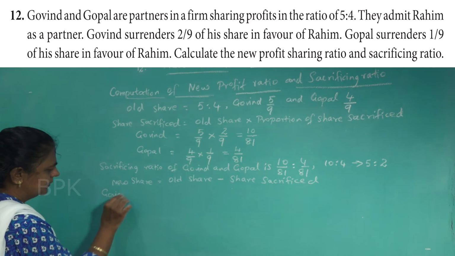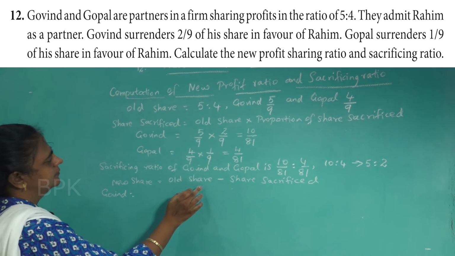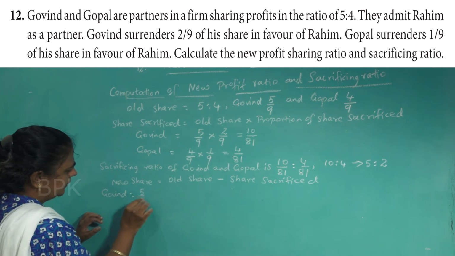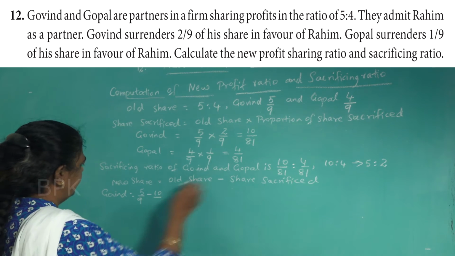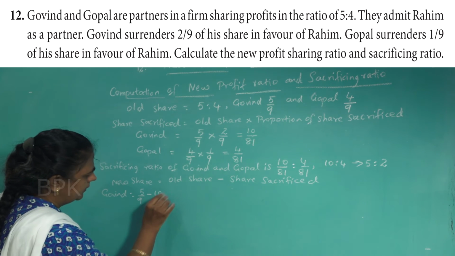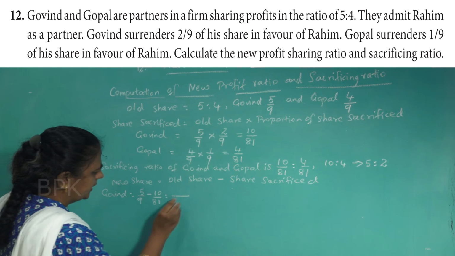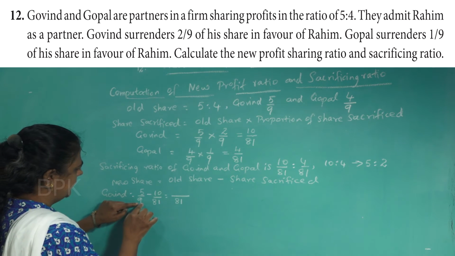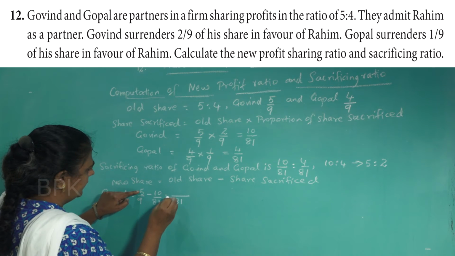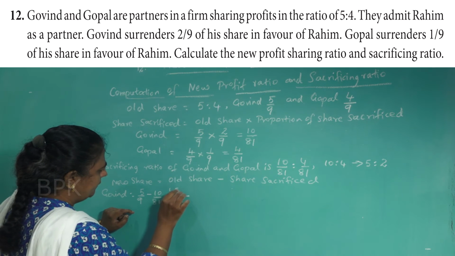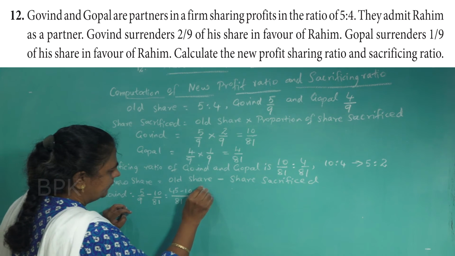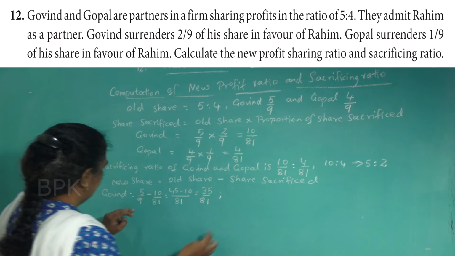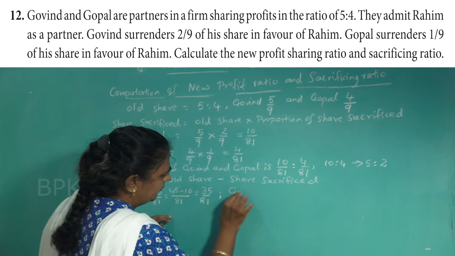For Govind, old share is 5/9 minus sacrifice 10/81. The denominator, 81 is greater, 9 how many times will it go? 9 times. So, 5 into 9, that will give you 45 minus 10, that will give you 35 by 81.